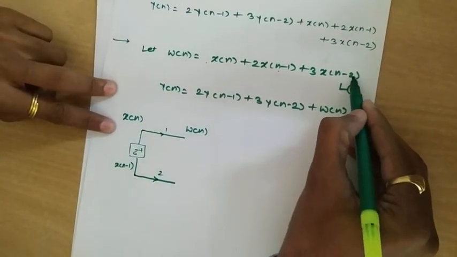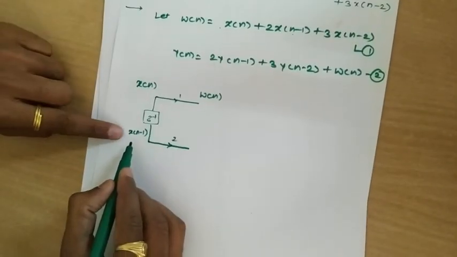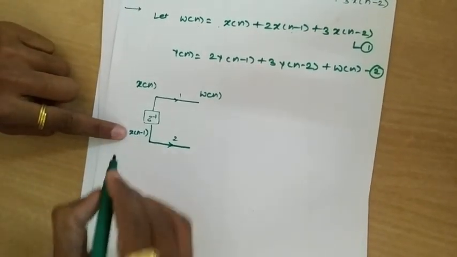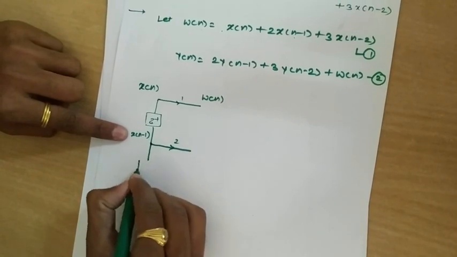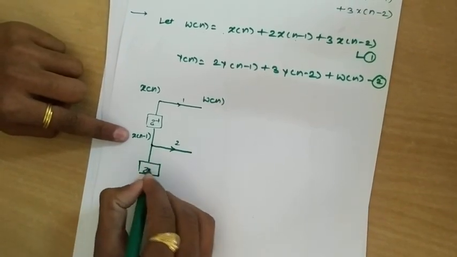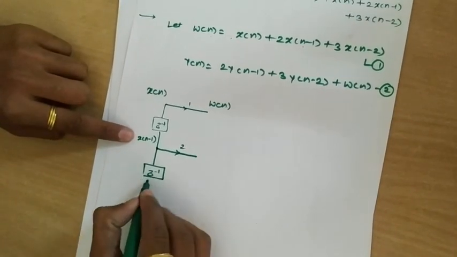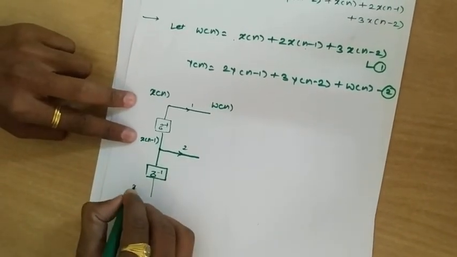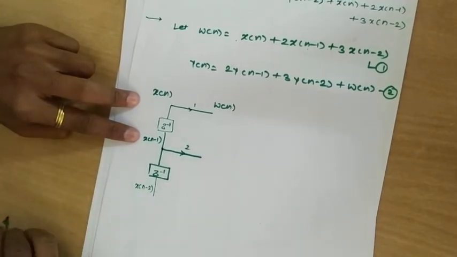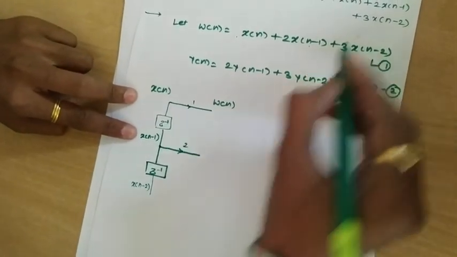Next we need x of n minus 2, so here we are getting the input as x of n minus 1. We'll apply the same input to another delay element as z inverse. So it will delay this input signal by 1 unit, whose corresponding output becomes x of n minus 2 with the coefficient as 3.